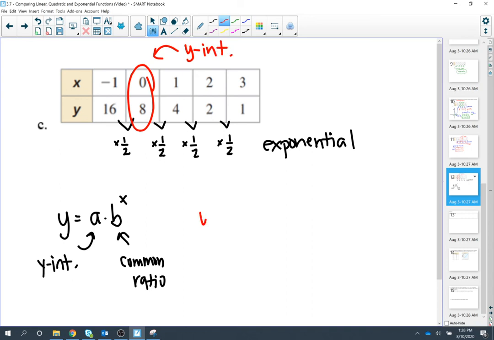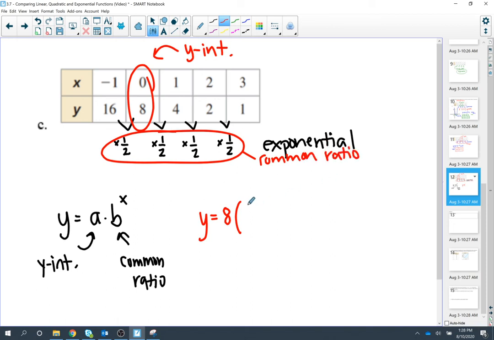So we're going to have y equals 8 times our common ratio. What's the common ratio? It's your 1/2. So we're going to put 1/2 to the power of x, and you're done.